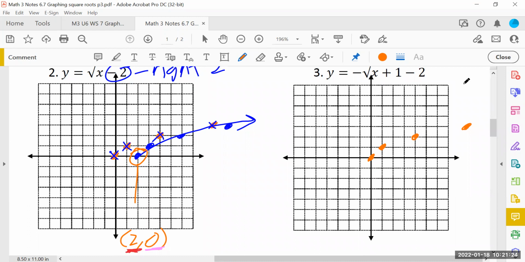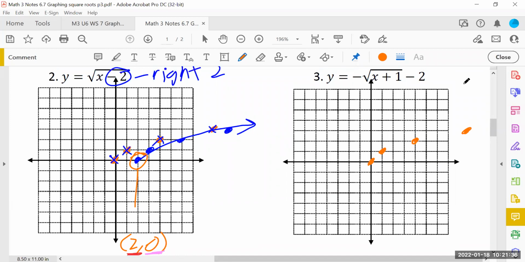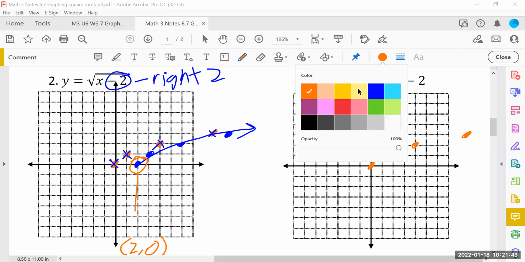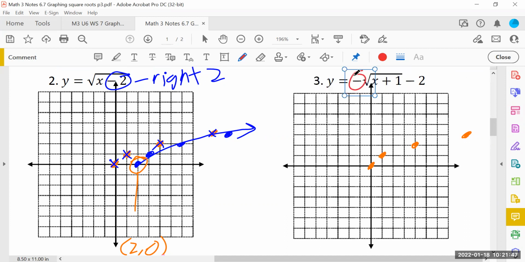So there's my points. Now, before, everybody, are you listening? Before you do the HK shift, you're going to multiply the Y values by A. The negative out in front is your A value. And so we're going to multiply all of our Y's by -1.